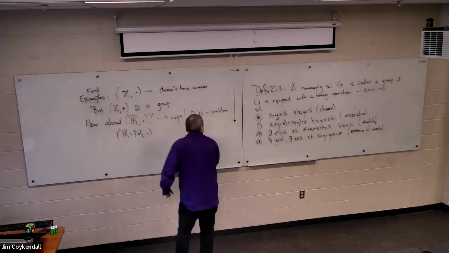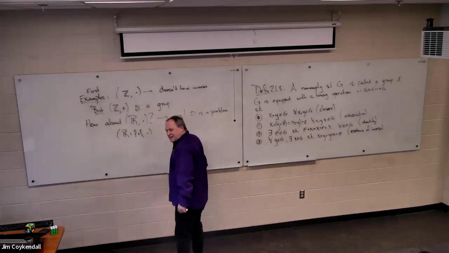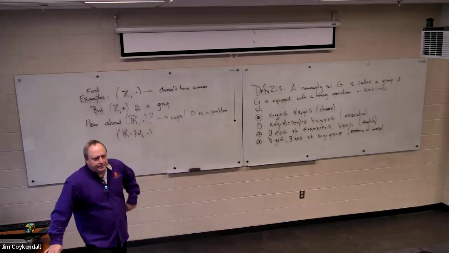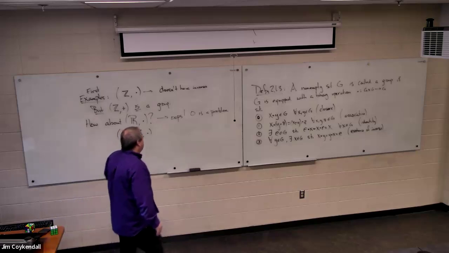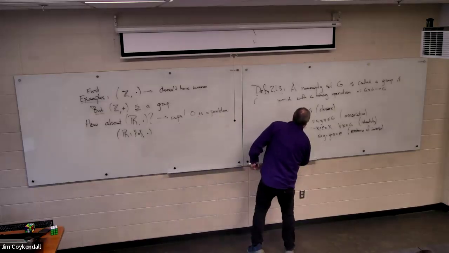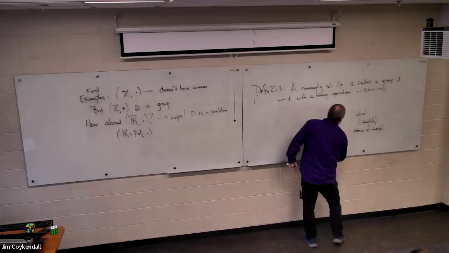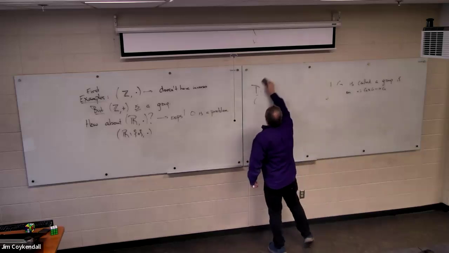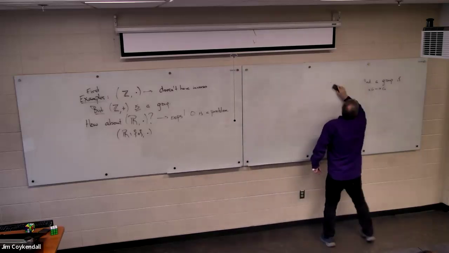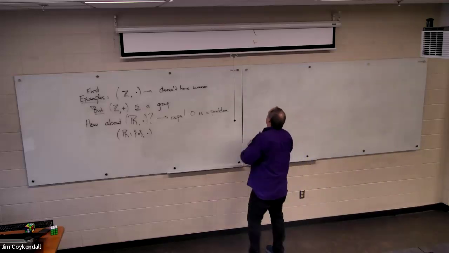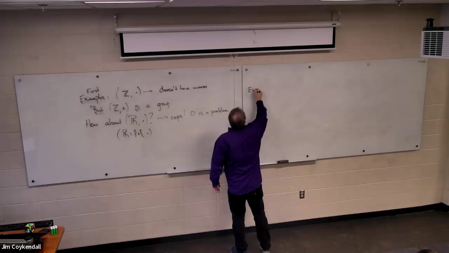Can anybody give me an example where the order does matter? Here's one. Again, I'm going to pull this out of linear algebra. Well, actually, before I do this, let me do a preliminary.